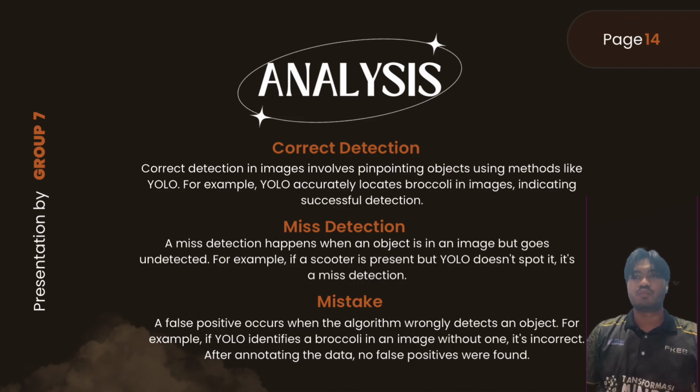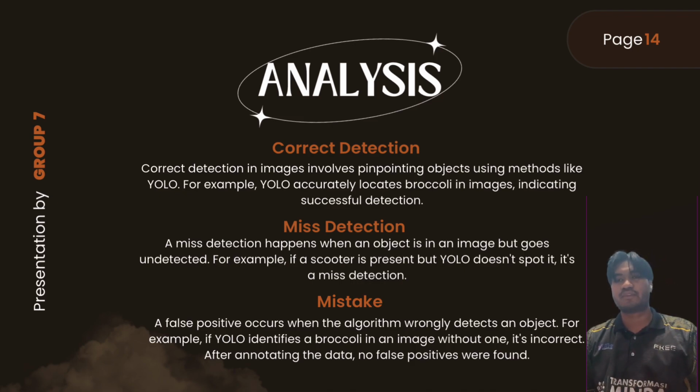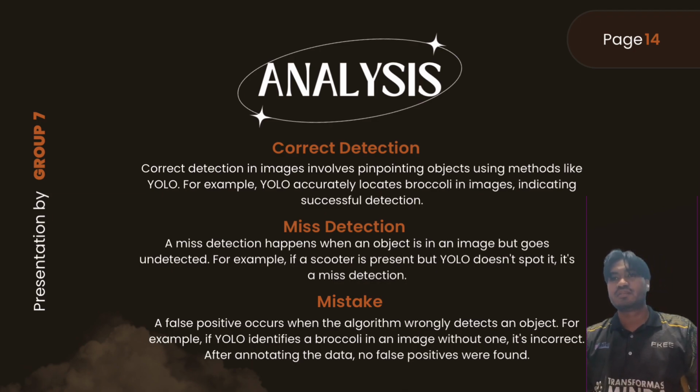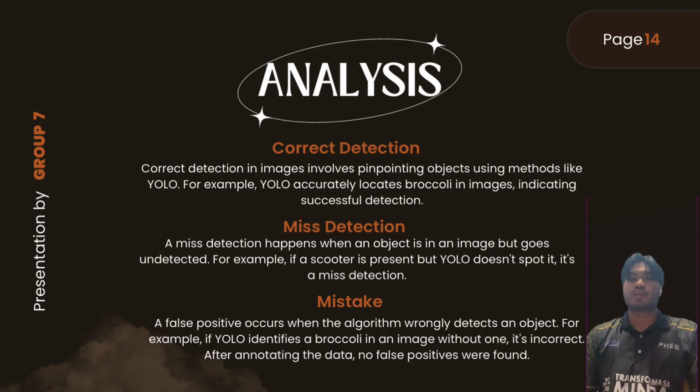When we are using YOLO, we can find these categories. The first one is correct detection: YOLO can detect or locate the broccoli image accurately. The second one is misdetection, which happens when there are objects and they cannot be detected.